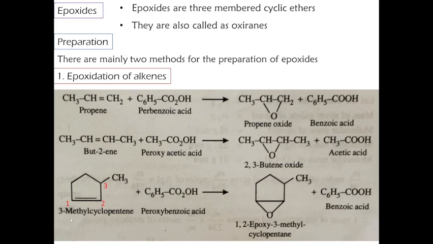If we take another example, a cyclic compound, 3-methyl cyclopentene, numbered 1, 2, 3, with the methyl at the third position. This cyclopentene compound reacts with perbenzoic acid, C6H5, C double bond O, OOH. The carbon-carbon double bond is here, so this forms an epoxide here.